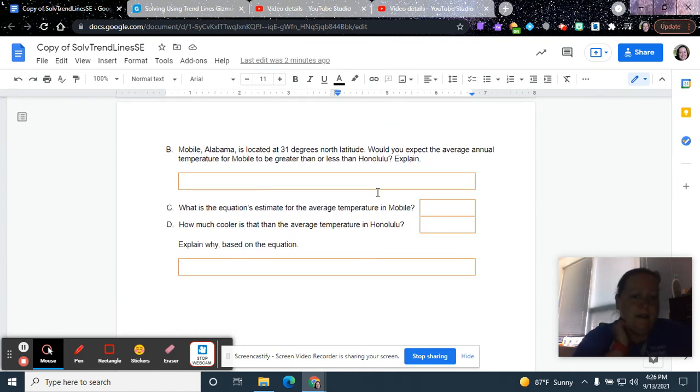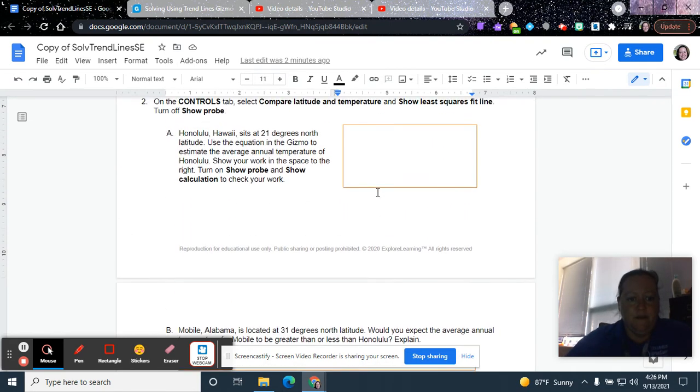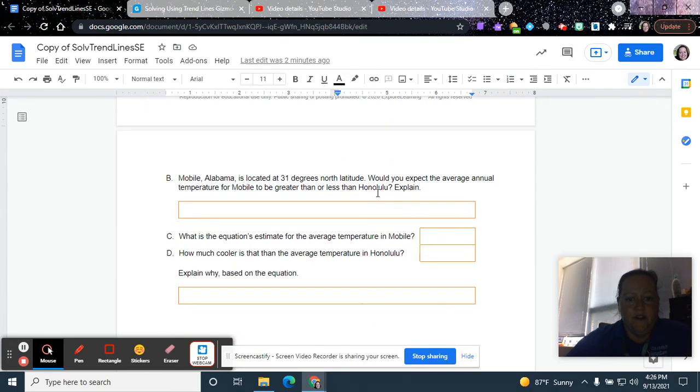If Mobile, Alabama is located at 31 degrees north latitude, would you expect the average annual temperature for Mobile to be greater than or less than Honolulu? So based on what you got with Honolulu, you'll make estimates for Alabama. What's the equation's estimate for the average temperature in Mobile?